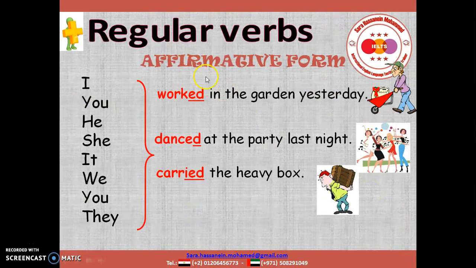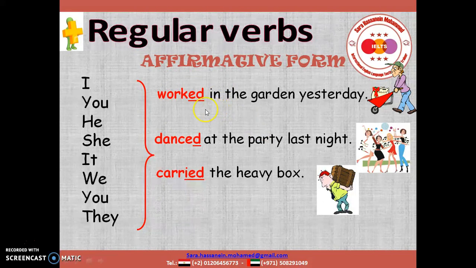Then how about if you get a verb which shows actions, like work, dance, carry, eat, sleep, all these verbs which show actions. All you have to know in order to form past simple for all the action verbs here, if they are regular, add ed.